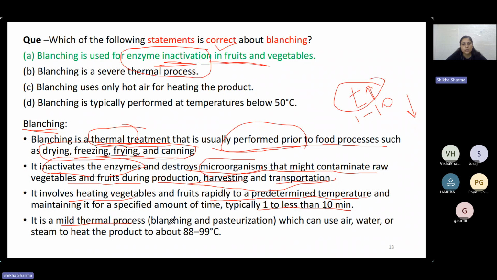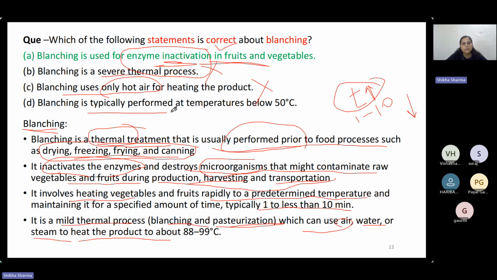Blanching and pasteurization come under mild heat treatment methods. So blanching is not a severe thermal treatment, and it uses either air, water, or steam to heat the product. Does blanching use only hot air? No, it uses air, water, and steam for heating the product.